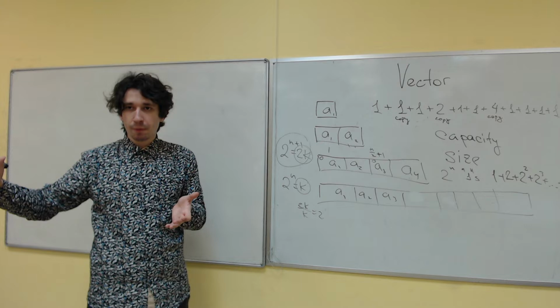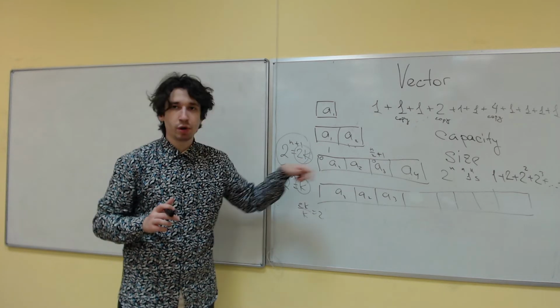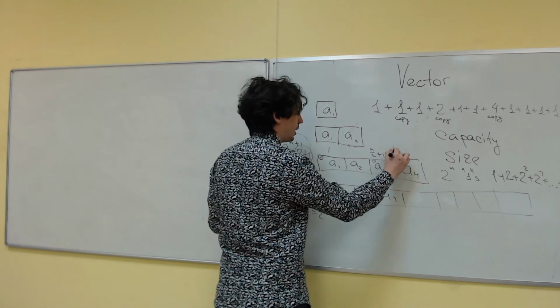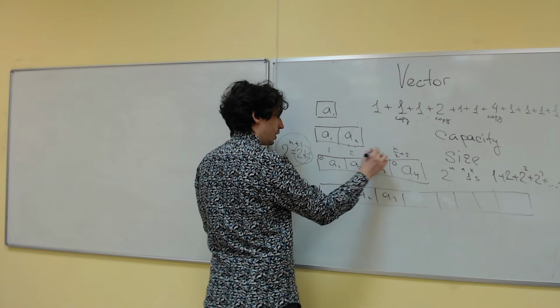So you insert a3 and put 2 coins. You put 1 coin here and 1 coin here. Then you have n over 2 plus 2. You put a coin here, and then you put a coin at 2 here.